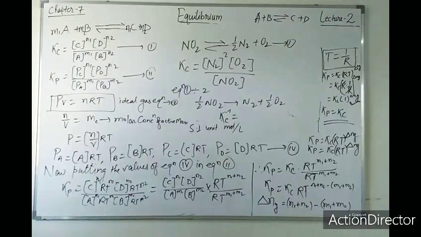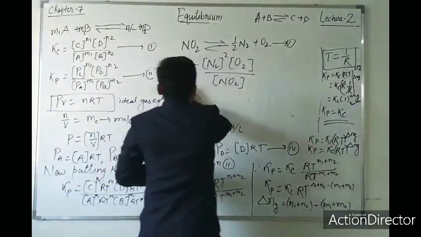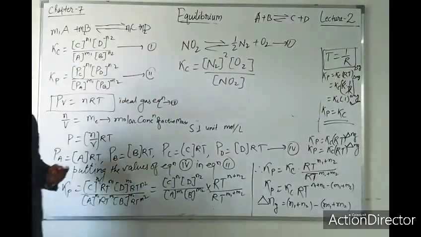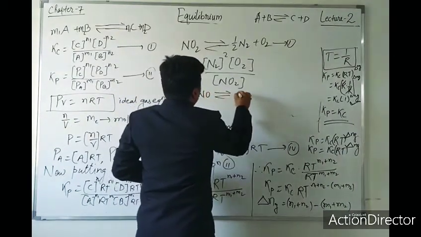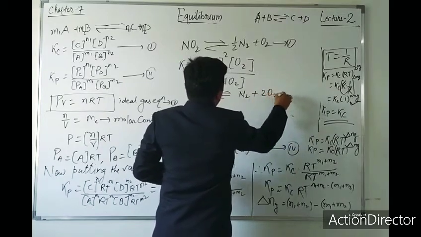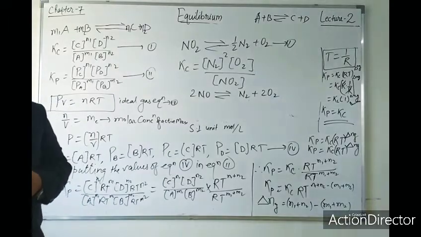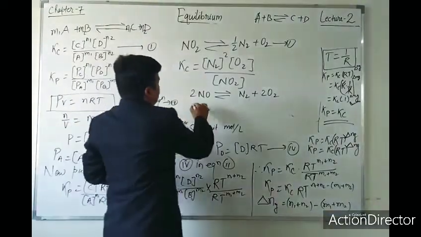Just suppose the reverse, 2NO2 is equal to N2 plus O2. Multiply equation 2, okay? Multiply by 2. So 2NO is N2 plus 2O2, right? The reaction will be like this, yes or no? Yes. So can you tell me what will be the value of Kc?